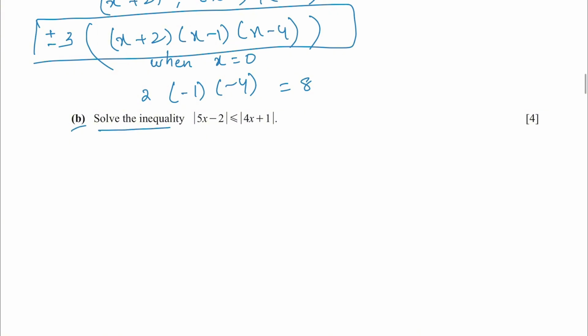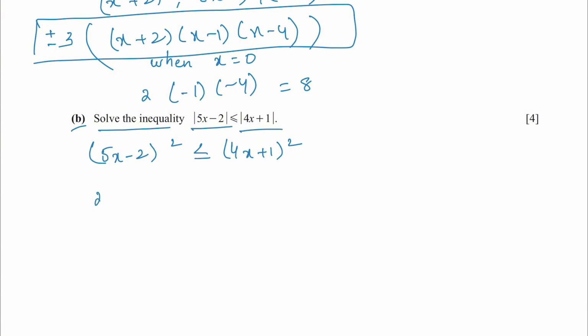Moving on to part B, which states solve the inequality: modulus of 5x minus 2 is lesser than equals to modulus of 4x plus 1. So if we have modulus on both sides, we square both sides. So this would be 5x minus 2 whole squared lesser than equals to 4x plus 1 whole squared.